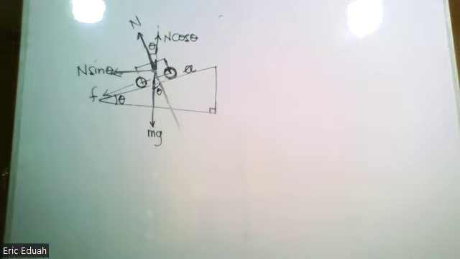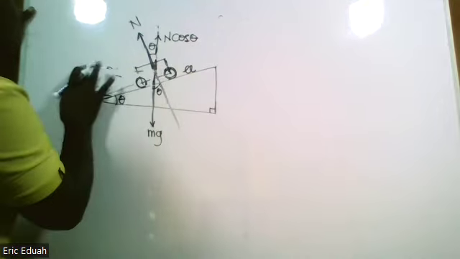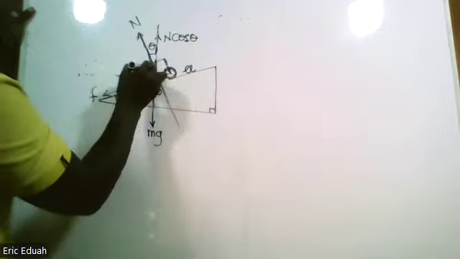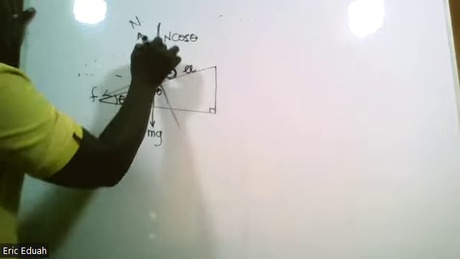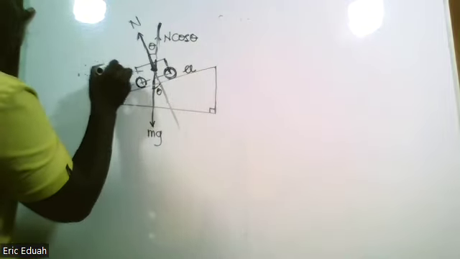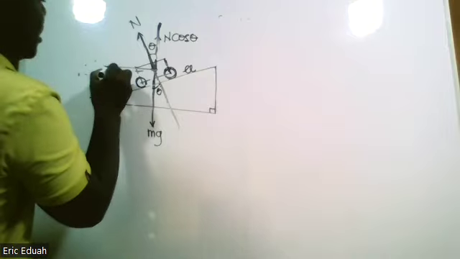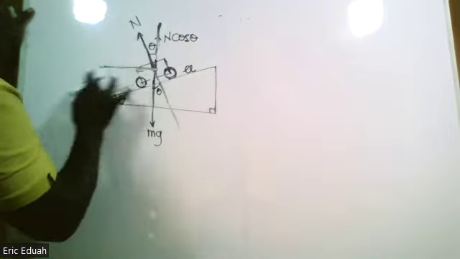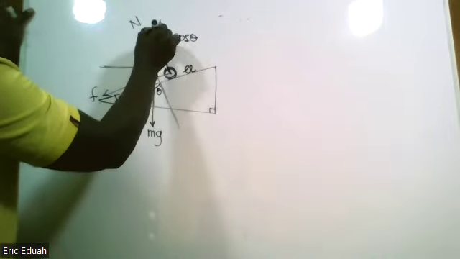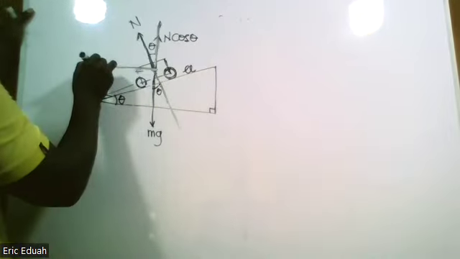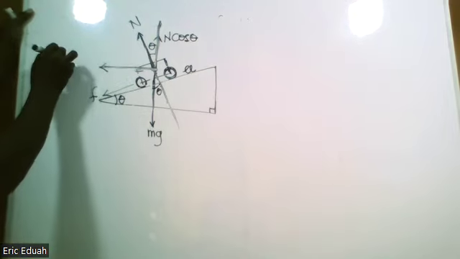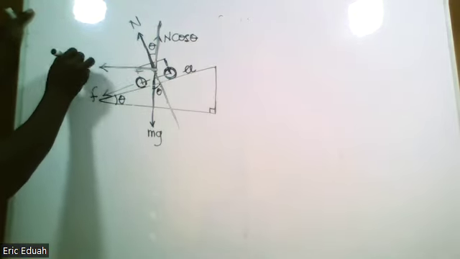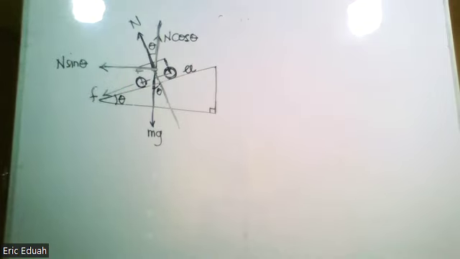This is because this component must be perpendicular to the horizontal component. It must be perpendicular to this one. So N sine theta.